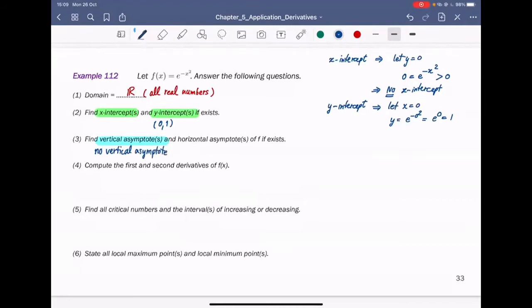The reason is that we don't have any point x equal to a where the function approaches plus or minus infinity when x goes to a. Well, if you do not want to memorize it deeply, you just memorize that the vertical asymptote happens when the denominator equals 0.